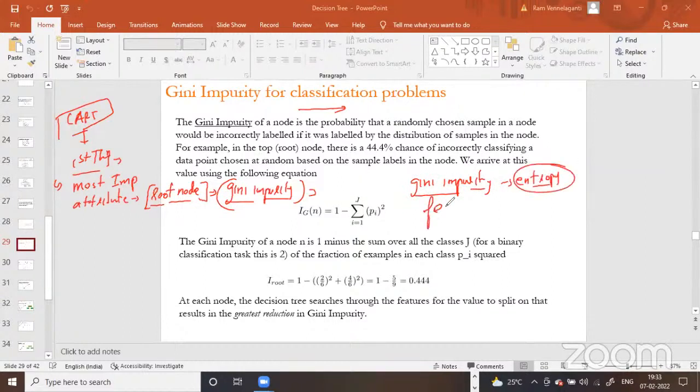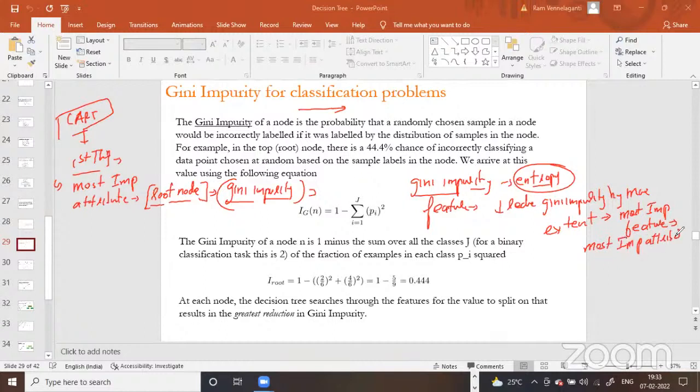Whichever feature is capable of reducing my Gini impurity by the maximum extent, I am going to call it my most important feature. This is going to become my most important attribute in my data set. It is going to become my root node.